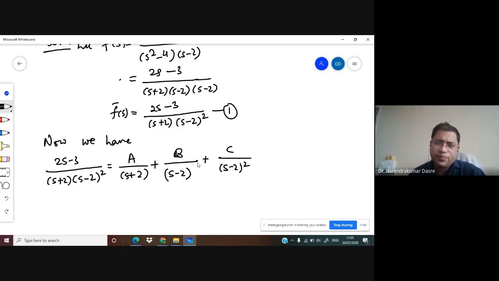Please be careful here: this is the repeated linear factor, so the partial fractions corresponding to it are these. And this is the different, distinct linear factor, so the partial fraction corresponding to it is this.